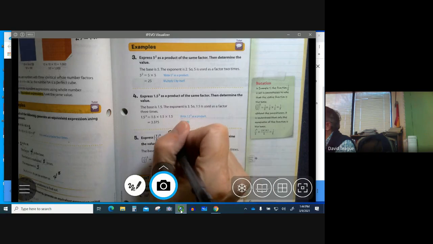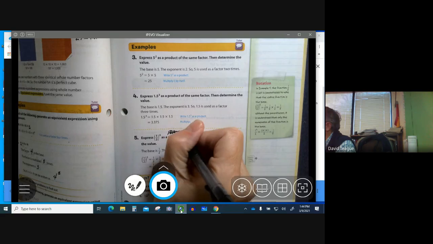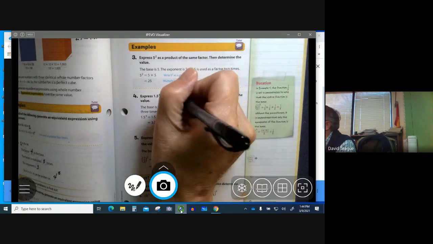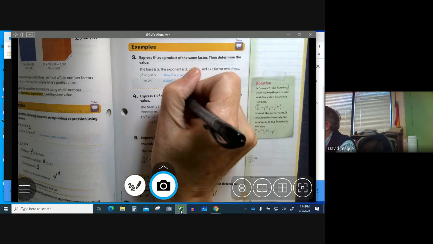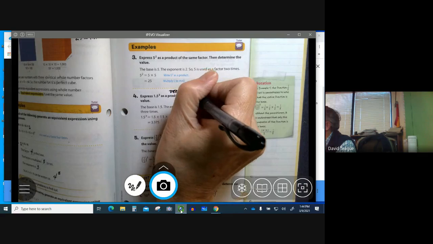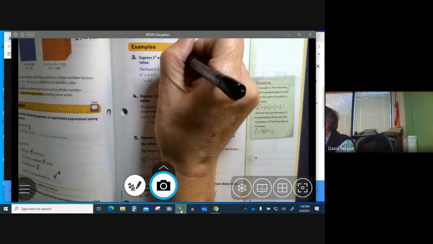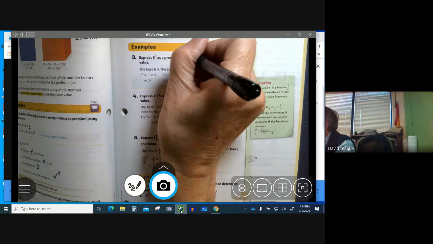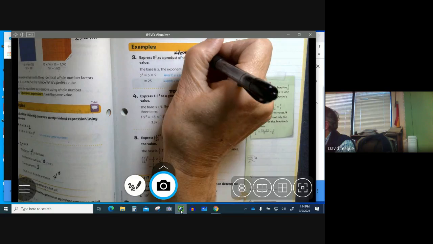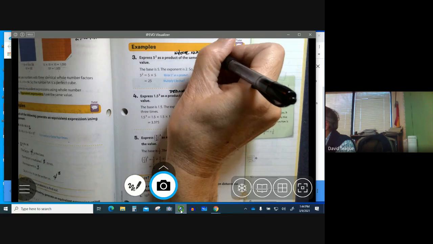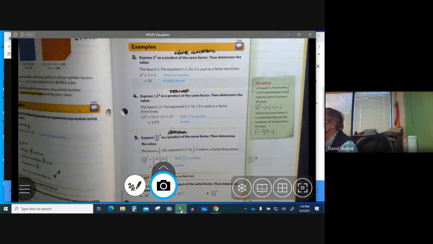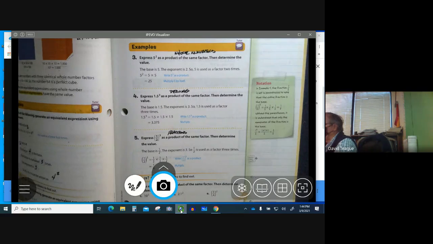So you can do this with fractions. You can do this with decimals. And you can do this with whole numbers. Okay? So at the bottom it says express each power as a product of the same factor, then determine the value.